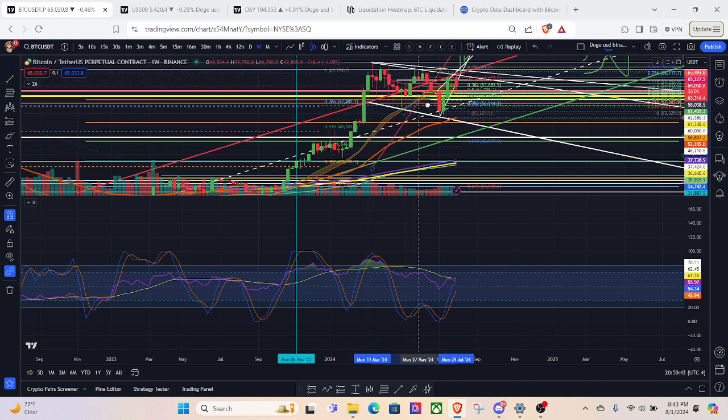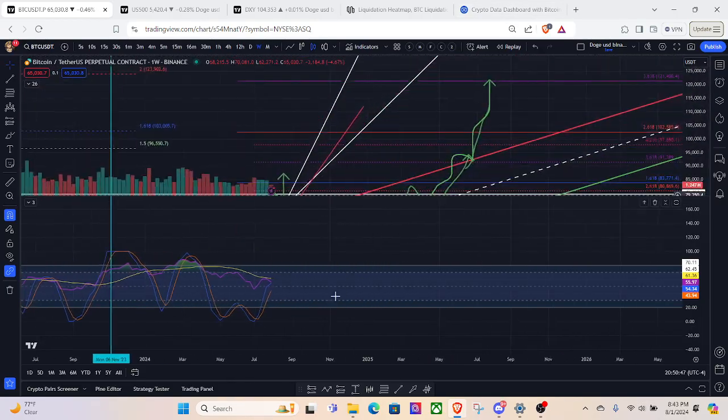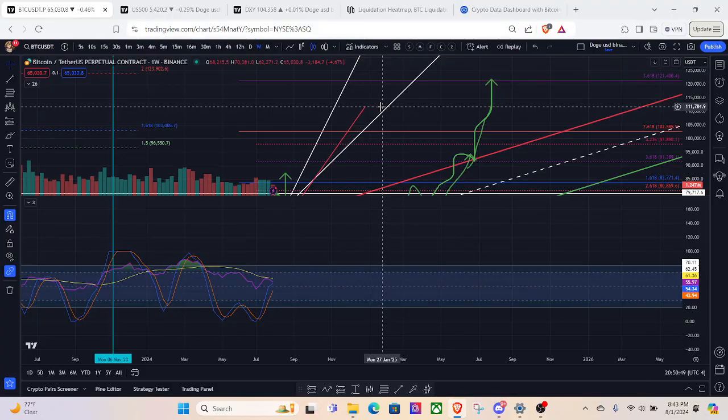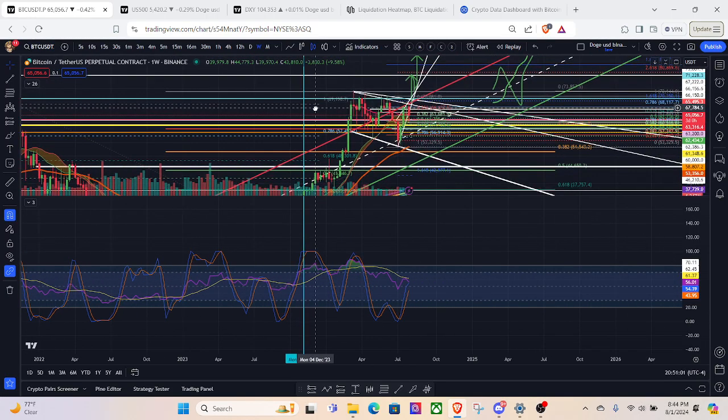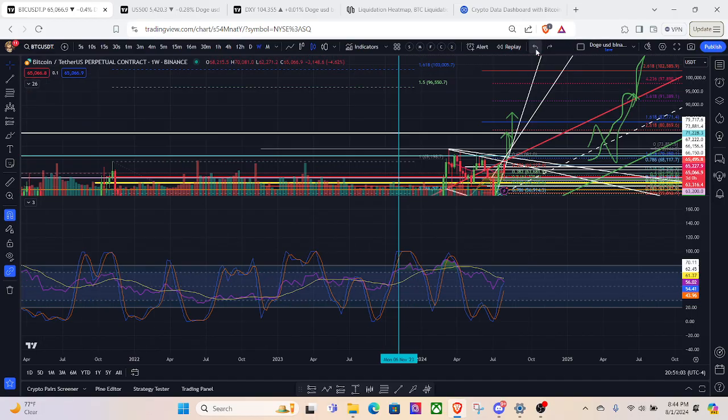This is a large bull flag structure that could end up playing out to a much higher price target, somewhere upwards of 111,000, over 100K basically. That would be the approximate measure move. You could draw it from where the breakout point is.